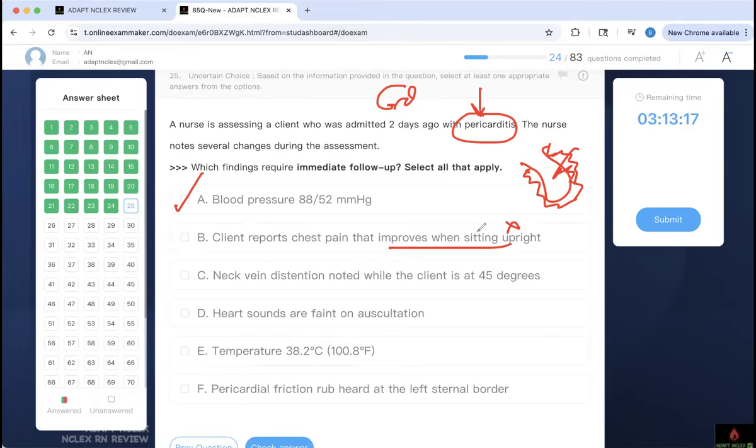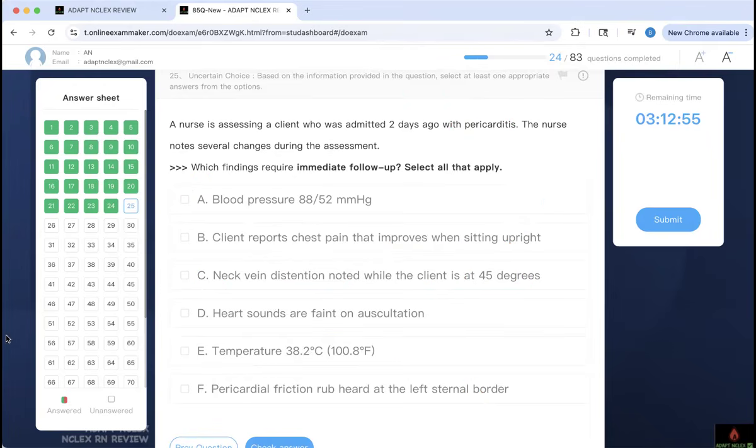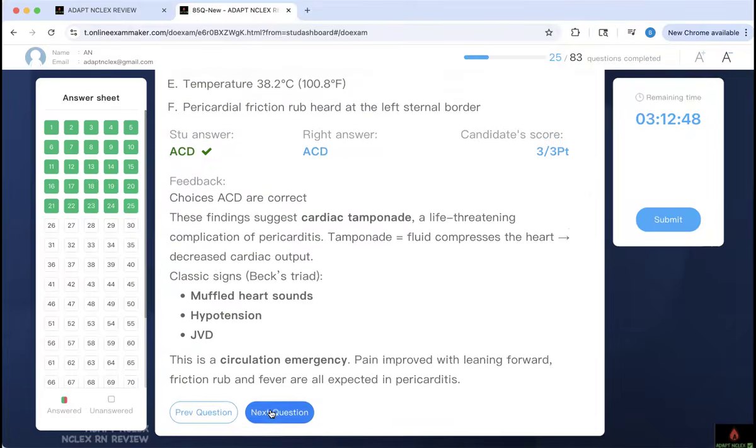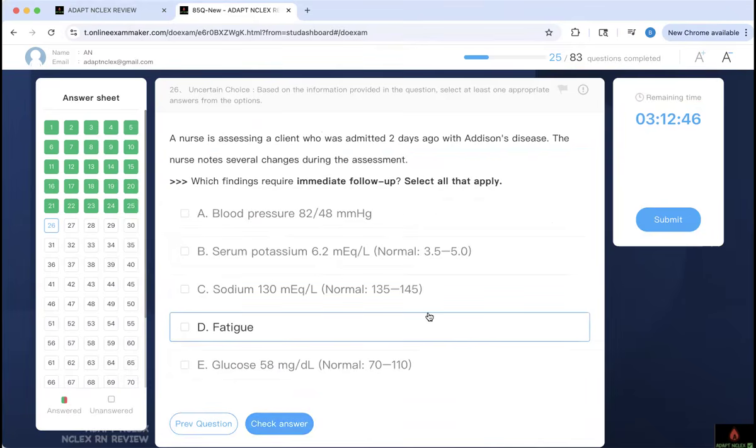Don't worry about it. If you have neck vein distension at 45 degrees, that's JVD. What? Cardiac tamponade. If your heart sounds are faint, it's what? Muffled heart sounds. If your temperature is 100.8, it's consistent with pericarditis. If you have a friction rub heard on the left sternal border, pericarditis. We worry about what? Cardiac tamponade. Therefore, this is cardiac tamponade, this and that. A, C, D, cardiac tamponade. 25. What is your score?